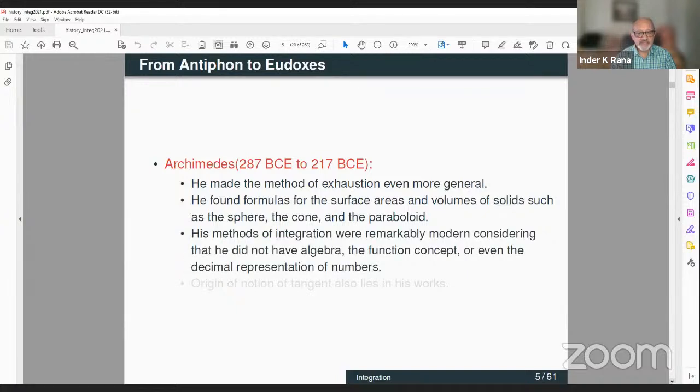His method of integration was remarkably modern, considering that he did not have algebra, the concept of function, or even the decimal representation of numbers. All such things were not available to him, but still he could do the computation of these things very clearly.